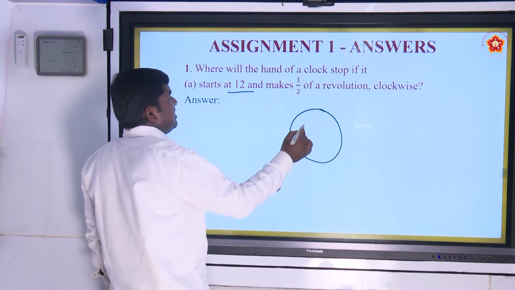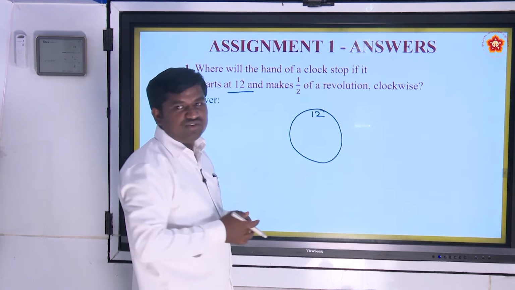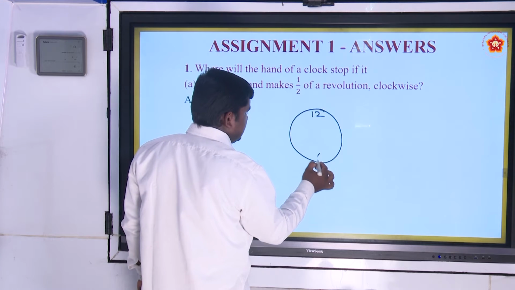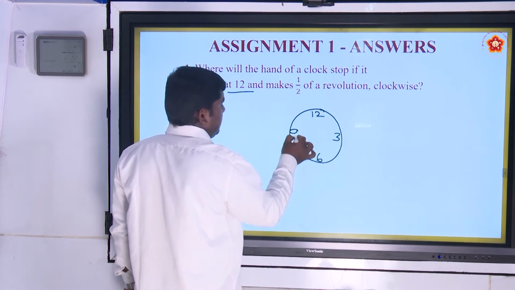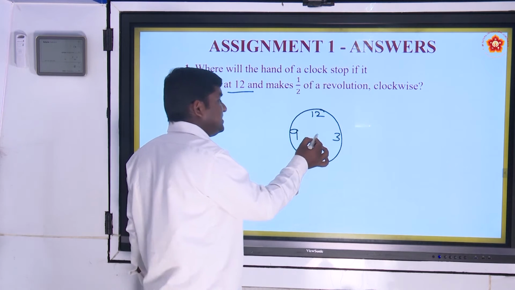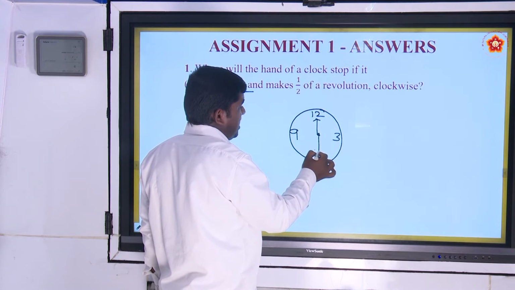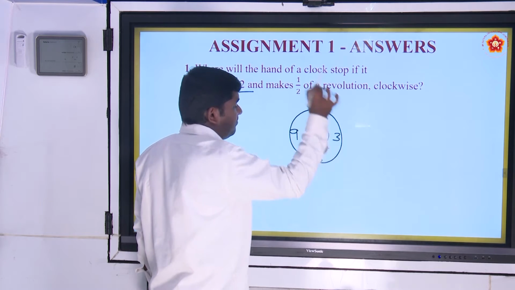Then the clock hand starts from 12 and makes half of a revolution. You know the clock, this is 12, 6, 3 and 9. You know half of a revolution means? Very good, that is a straight line. So from here to here means straight angle.